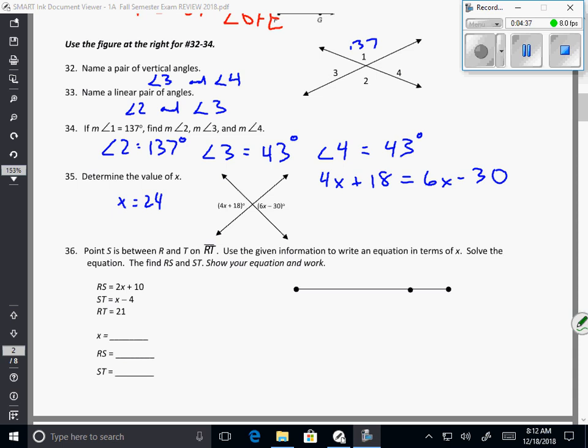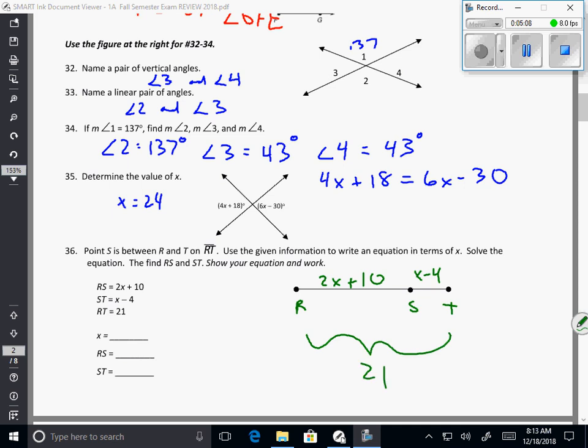36. If RS is 2x plus 10 and ST, S is between R and T, ST is x minus 4, and the whole thing is 21.